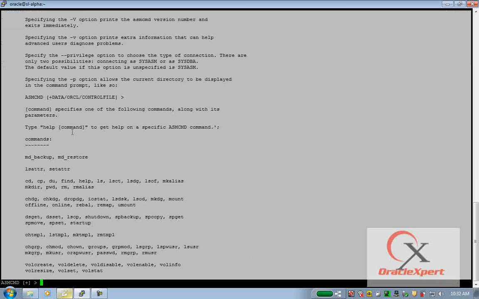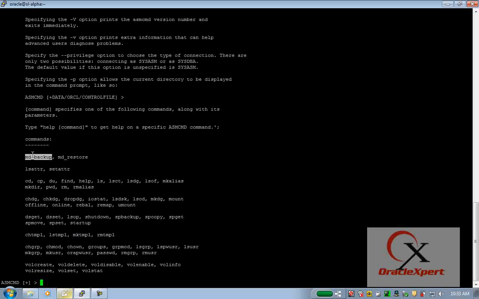The supported commands include md_backup for metadata backup, md_restore for metadata restore. Remember, I said ASM manages its own metadata in the participating disks itself. So you can take a backup of it, you can restore it if required.